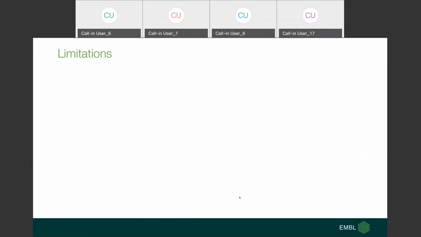Now, I shouldn't move on from phase one without talking about the limitations, because obviously MANE Select is not built to capture the biological complexity at each locus. I mean, we are picking a transcript. It's a single choice. And so we know that for many, many loci, that's just not enough to capture what's actually happening at that locus in the cell.